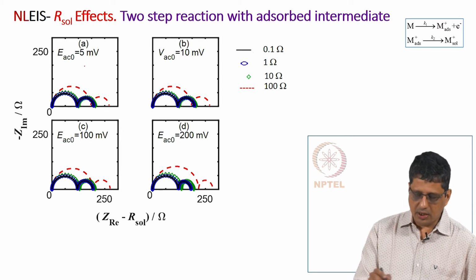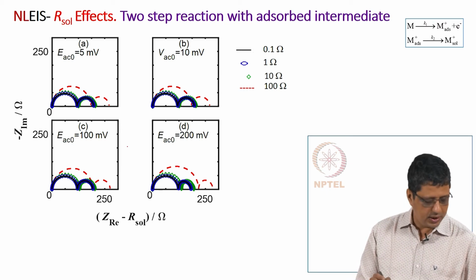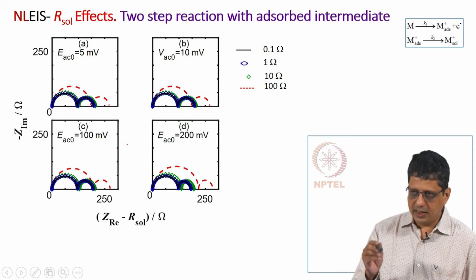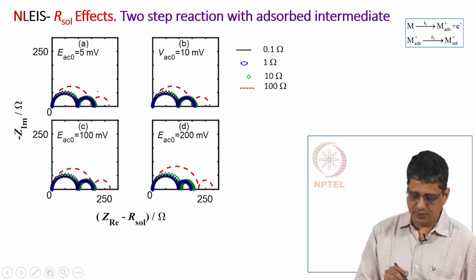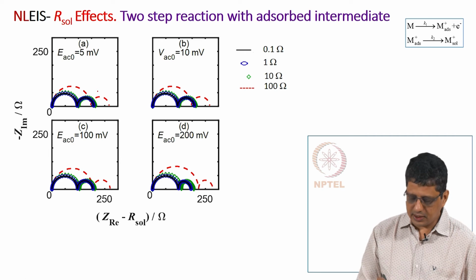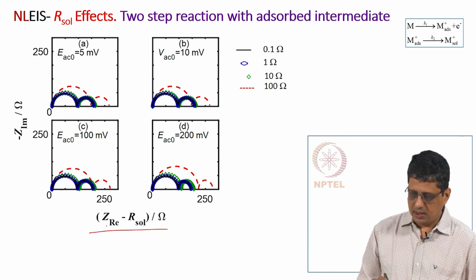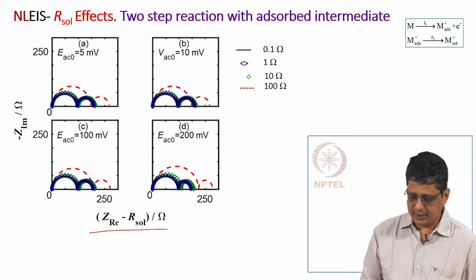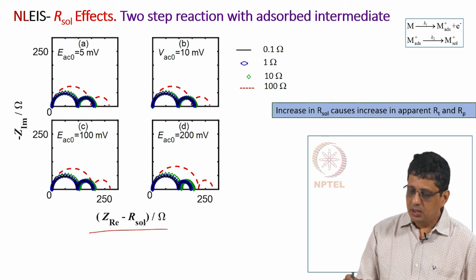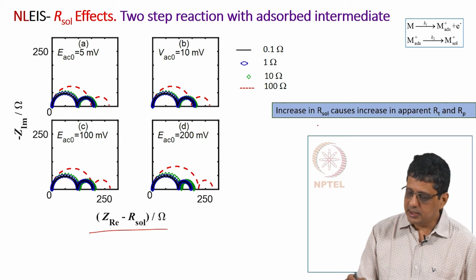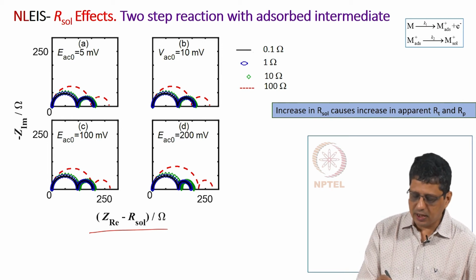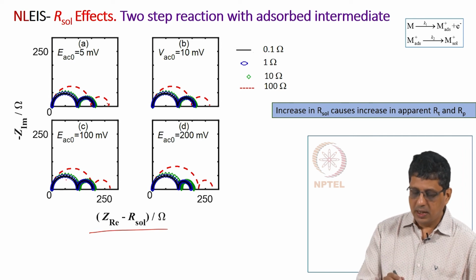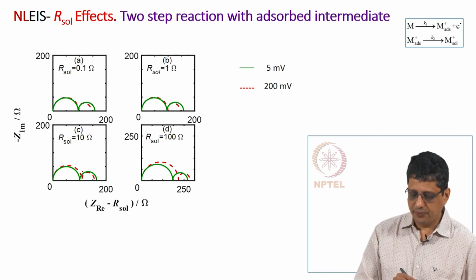I have plotted different perturbation amplitudes. Here you can replot it for a given solution resistance, different amplitudes, and in all cases we have plotted the real part of the impedance after subtracting the solution resistance. Now, increase in R solution causes an increase in the apparent value of RT and RP at any potential amplitude.